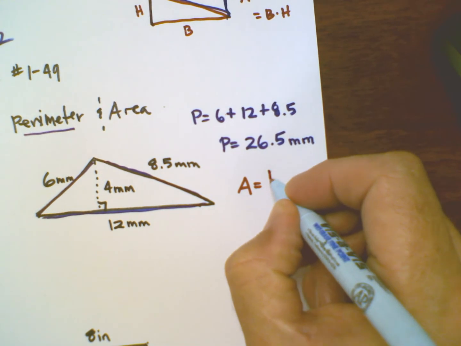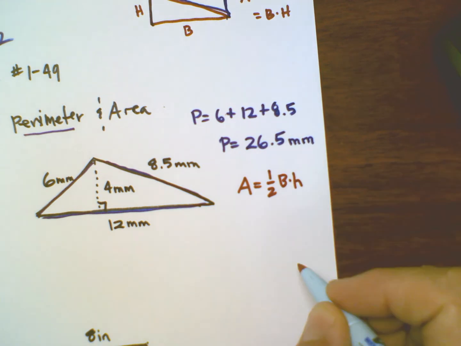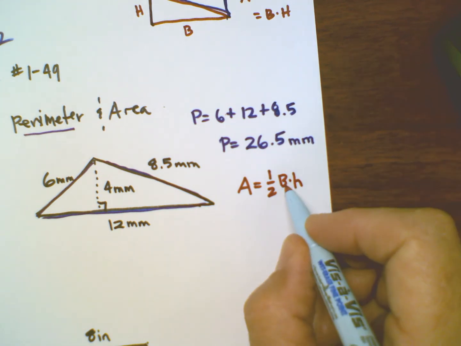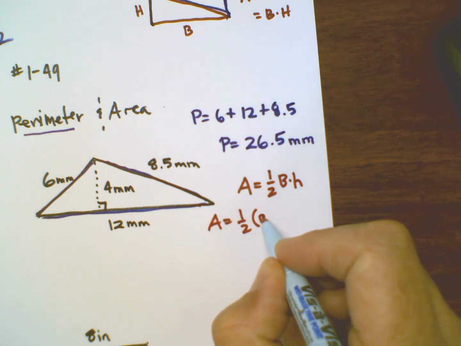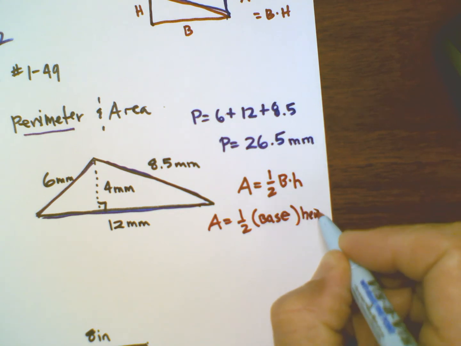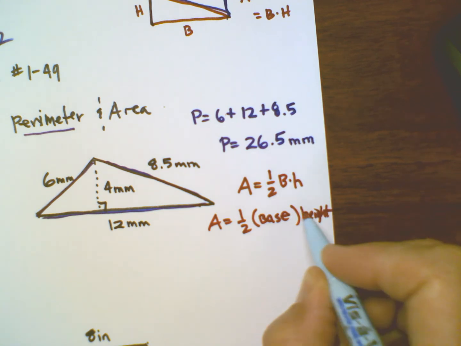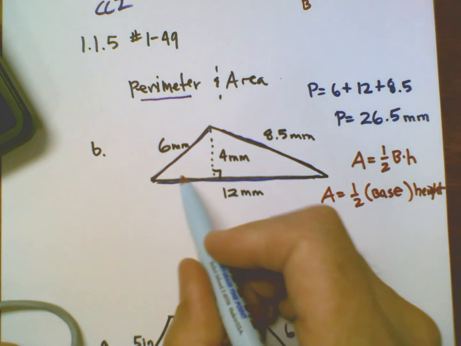Area of a triangle is 1/2 base times height, right? 1/2 the base. Let me write that out. Base times the height. Okay, so we're going to multiply base and height. So what's my base?